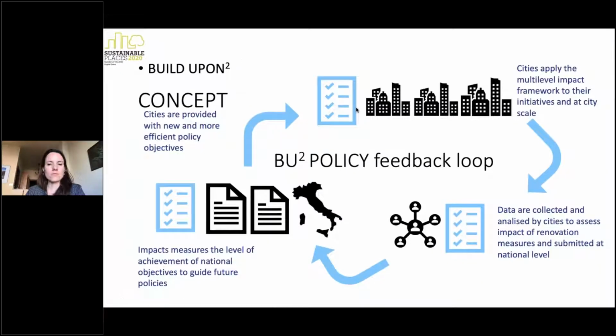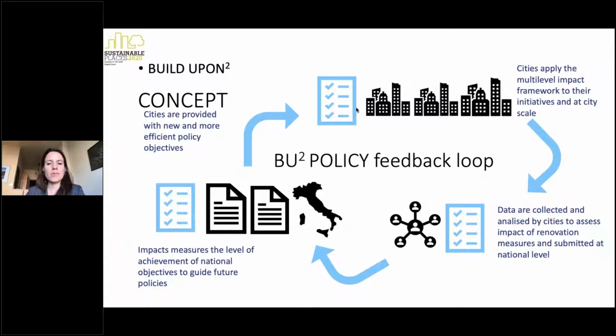What is the concept that supports the Build Upon Square project? It is the idea of a policy feedback loop. Ideally, if all the cities at the national scale adopt the framework of indicators, they can report common impacts, such as, as we will see later, energy efficiency, money spent, emissions, and job positions generated.